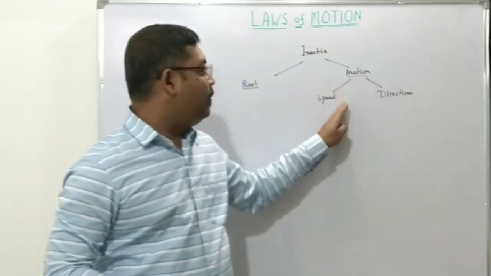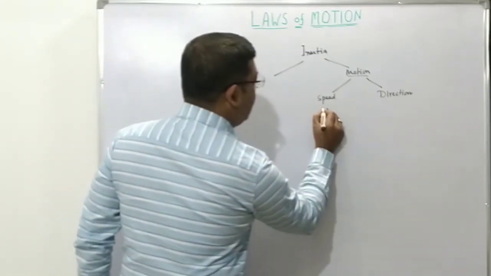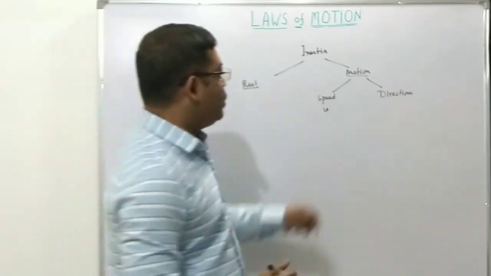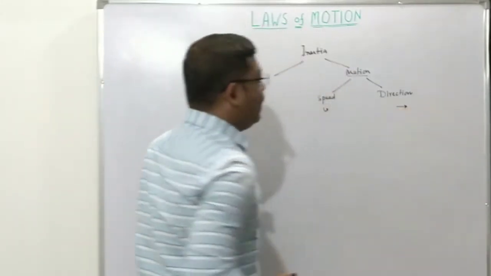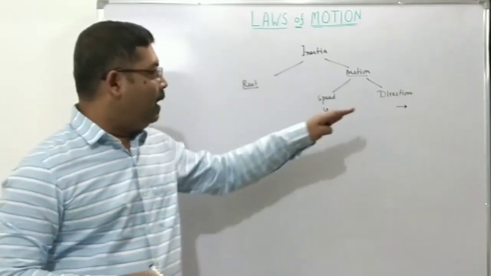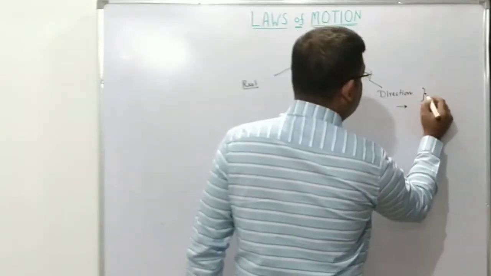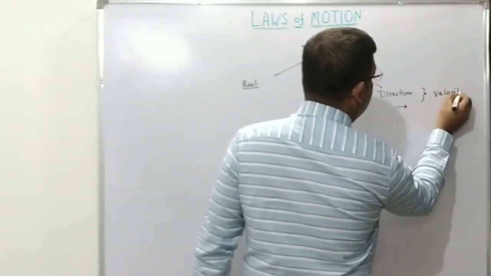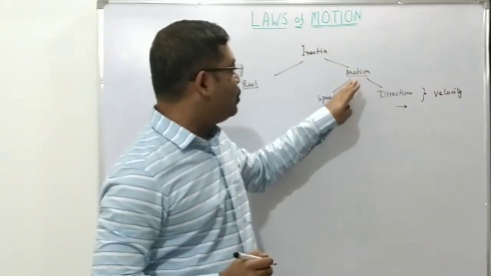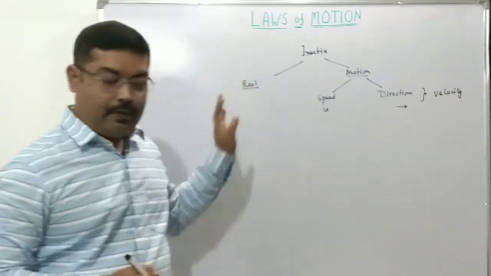Inertia of motion can be further divided into inertia of speed, that is, the speed remains constant until and unless an external force changes it, or the direction in which the object was moving will remain constant until and unless a force makes it change direction. In either case, velocity will change. So inertia of motion is inertia of velocity basically. Inertia of rest is also inertia of velocity.